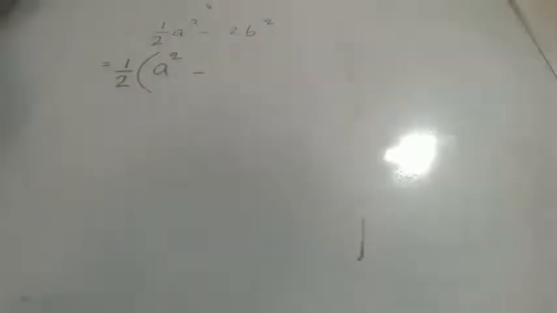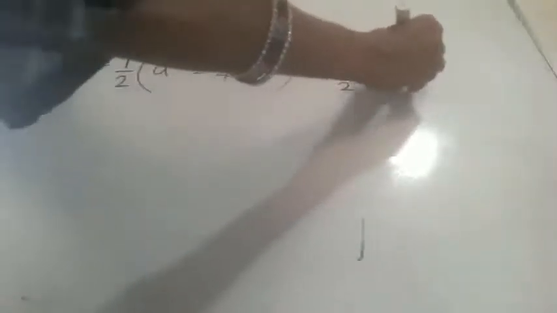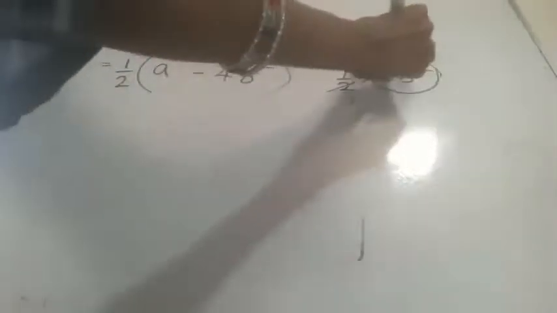Then a squared subtract, when we find 2b squared, if we write 4 in this place, half times 4b squared, 2 times 2, 2b squared.